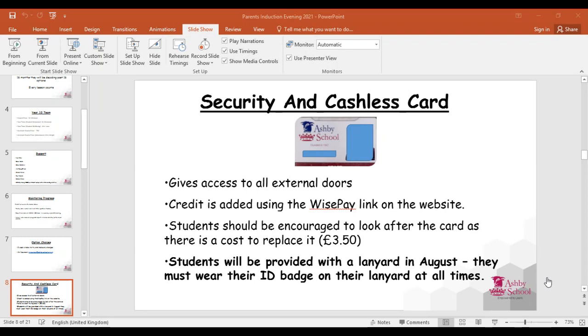There's a link on the website for WisePay as well. Hopefully they'll all keep them on them at all times, around the neck preferably, so they're easily identifiable around school. If they do lose them, there is a small charge, but they will be given a lanyard and a card on the first day in their first tutor time period, and that's for various things which I've just stated previously.